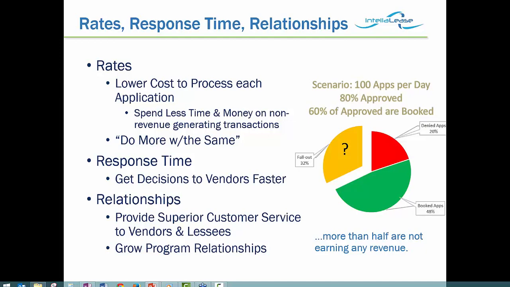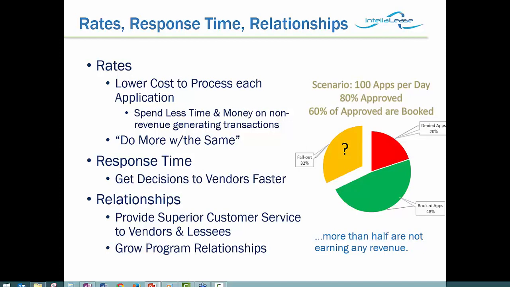Well, when it comes to rates, what we enable our customers to do is to lower the cost to process each application, spending less time, less resources on each application that comes through the door, and especially those that earn the business no revenue. So in the scenario on the right with the pie chart that you see, sample scenario, let's say you receive 100 apps per day and you approve 80% of them, deny 20% of them.